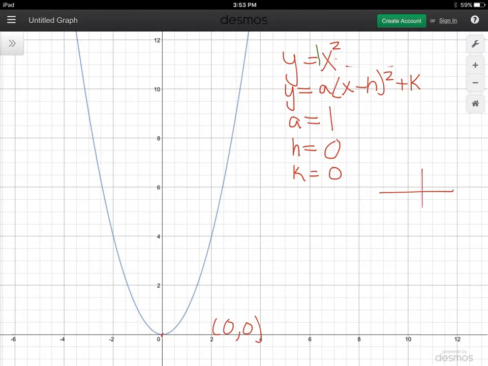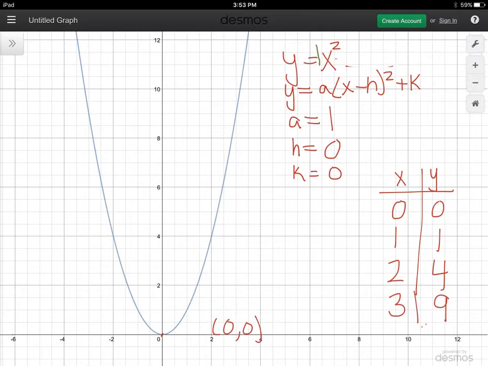If we were to make a table of values, x and y, and we said if x was 0, well 0 squared is 0, 1 squared is 1, 2 squared is 4, and 3 squared is 9, and you could continue that on. And that's where the graph has come from. So we have 0, 0, 1, 1, 2, 4, 3, 9.